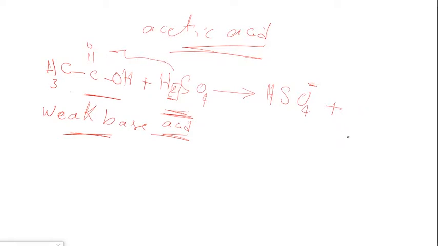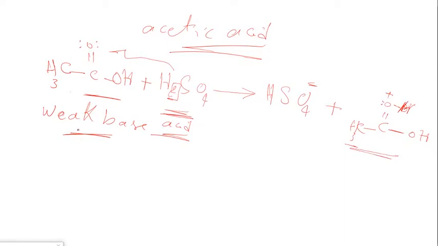You will have the C double bond O become C double bond OH+, and from that side it will be an OH, and the other side is untouched. You started with two lone pairs on the oxygen, and here you have only two lone pairs with a positive charge.